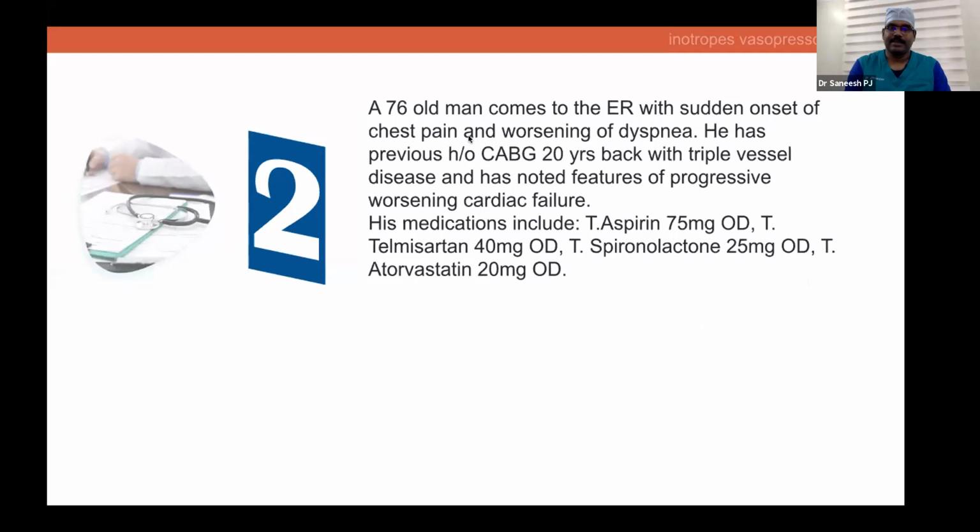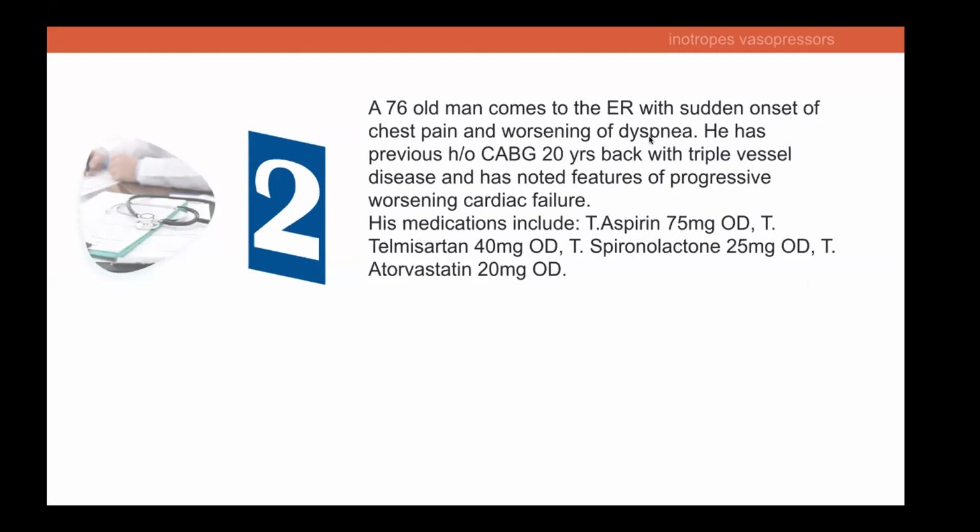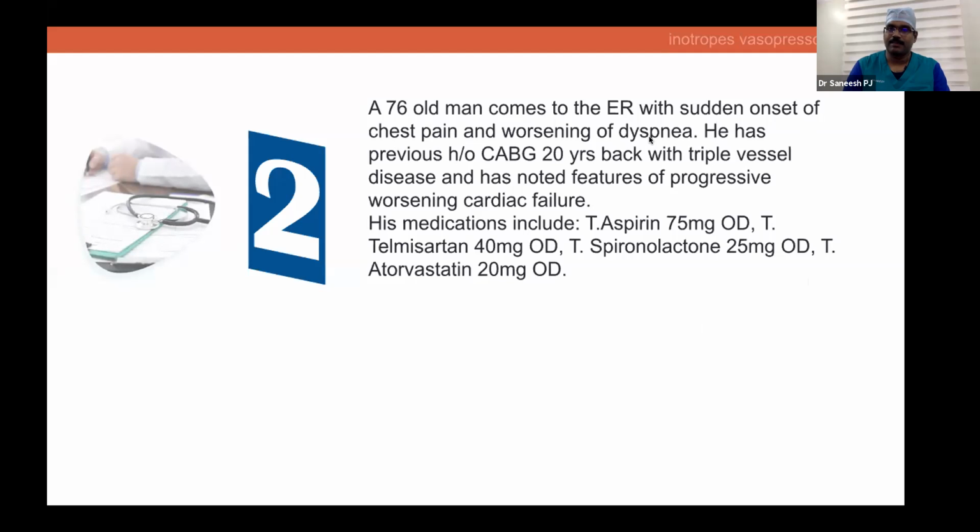A 76-year-old gentleman comes to the emergency room with sudden onset chest pain and worsening breathlessness. He has a previous history of CABG 20 years back with triple vessel disease and has noted features of progressive worsening heart failure. His medications include tab aspirin, tab telmisartan, tab spironolactone, and tab atorvastatin.